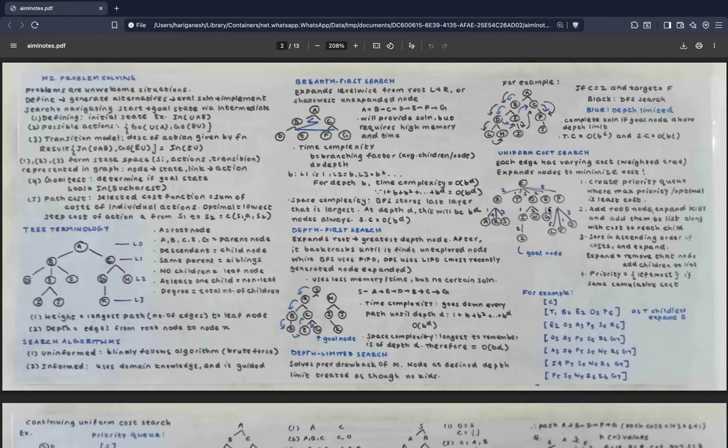Wait, what did I do here? I lost track, honestly. Why did I expand O here? That's kind of dumb.